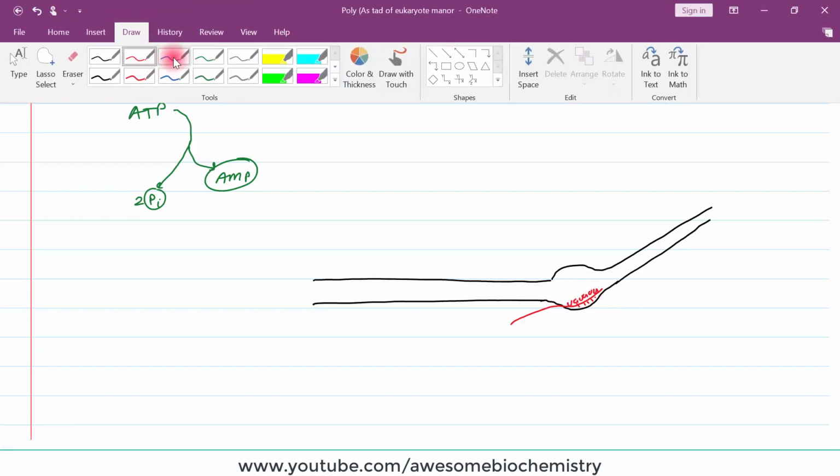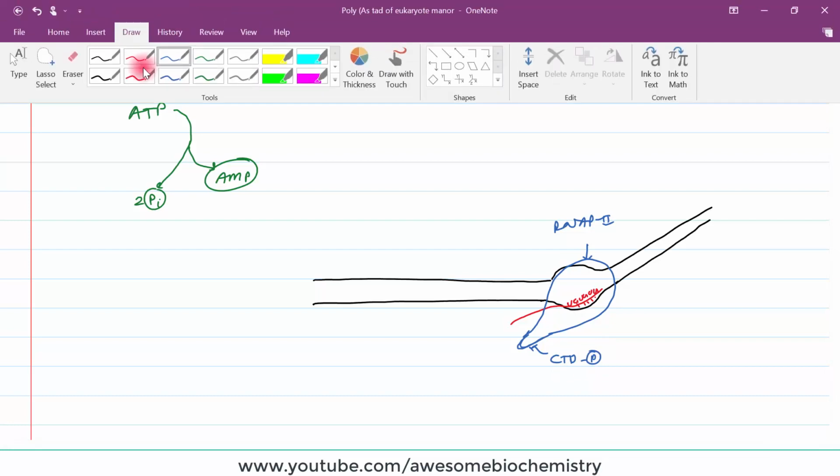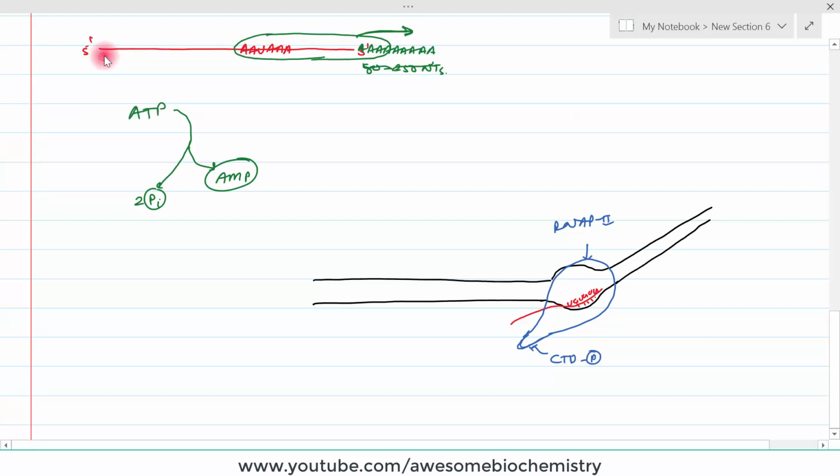There is still an enzyme there, that is RNA polymerase. This is the C-terminal domain of the RNA polymerase II enzyme. So this is RNA polymerase II, and this is the phosphorylated C-terminal domain. This C-terminal domain is in contact with two proteins that I told you earlier.